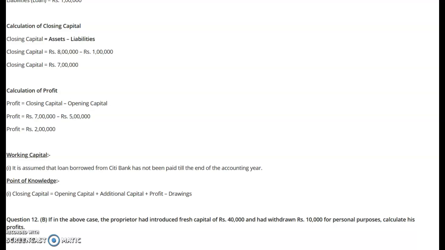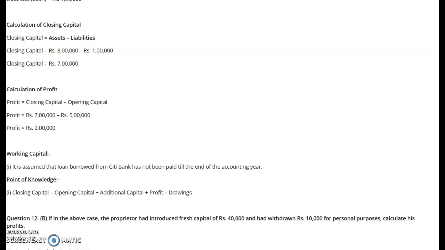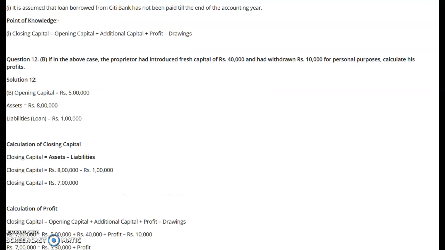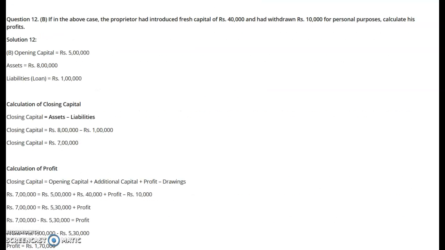Now here again, the same formula will apply for finding out the other missing information. Now let's understand one more question. Question number 12b. In the above case, it is 11b, question number 11b. In the above case, the proprietor had introduced fresh capital of rupees 40,000 and withdrawn rupees 10,000 for personal purpose.